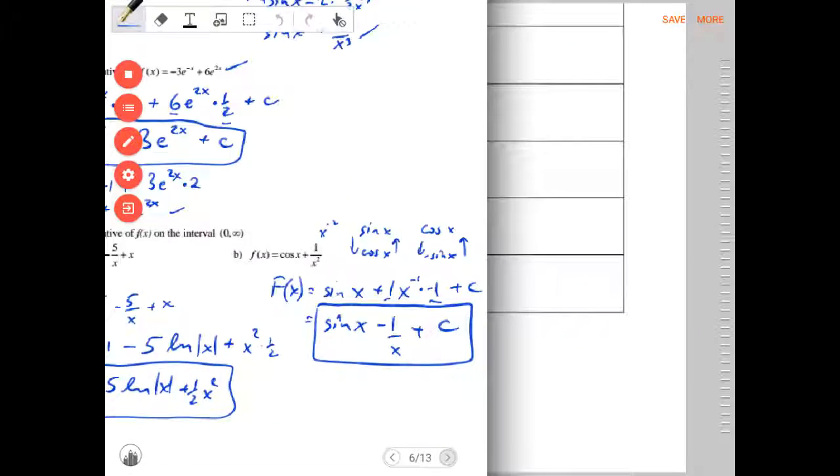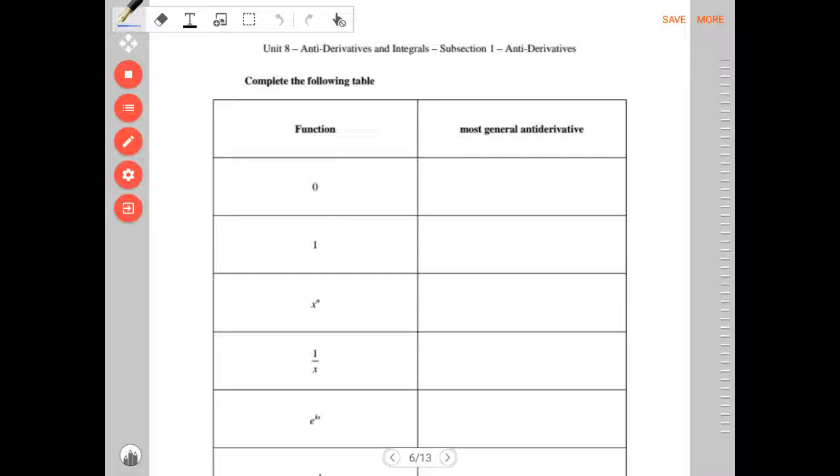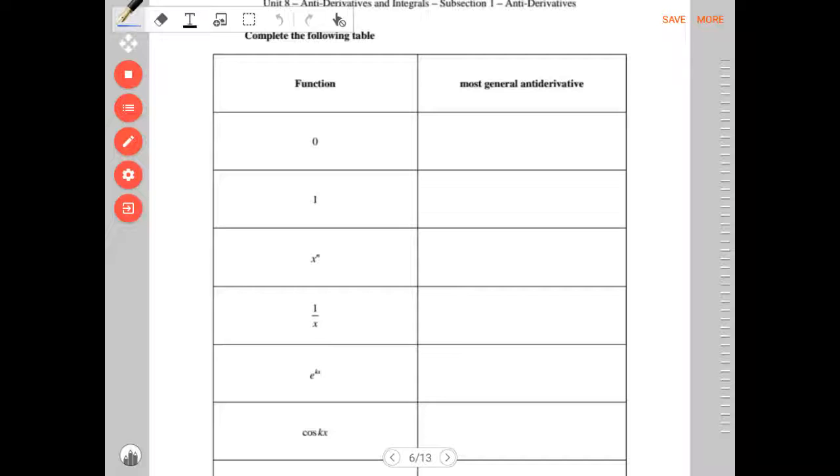Awesome. So the next page, this is just a nice chart. If we do this neatly, then we can use this coming up. The idea is the most general antiderivative.